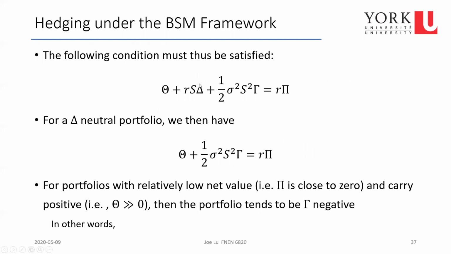So if you have delta neutral and a high leverage, then it's very easy to have one of them, either carry or gamma, be negative, unless they're very, very small.